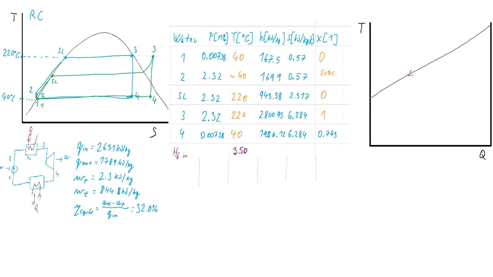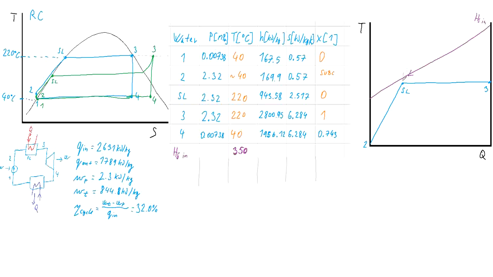And the heating up and evaporation of the steam will look something like this. So here we have the point 2, point SL, and the point 3. While on the heat source side, here we had the heat source in.